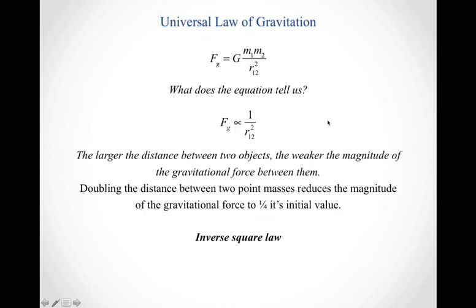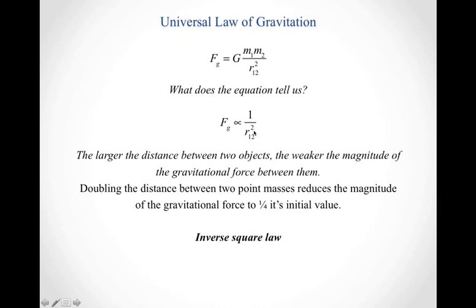The second thing this equation is telling us is that gravitational force is proportional to 1 over the distance between these two objects squared. We've taken that distance that we'd initially labeled r, and now we've added the subscript 1, 2 simply to emphasize that r is the distance between masses 1 and 2. So when we say that the gravitational force is proportional to 1 over r12 squared, we're saying that the gravitational force acting on mass 1 or mass 2 is proportional to 1 over the distance between those two masses squared.